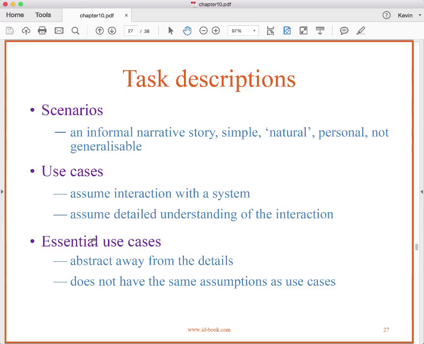All four: scenarios, use cases, essential use cases, and user stories. They all try to address how the user is getting their job done, and provide information about how the user is going to interact with the system to get their job done.